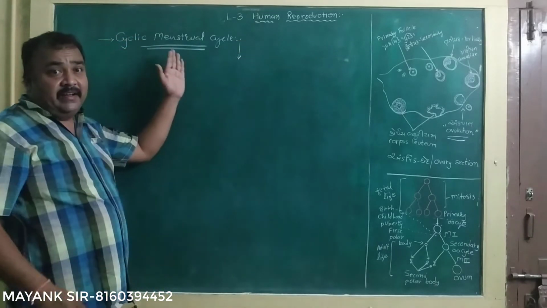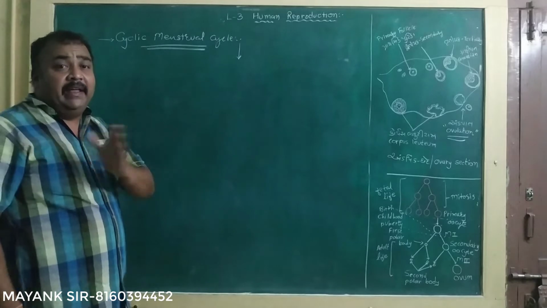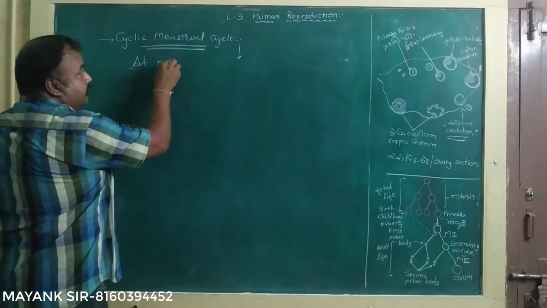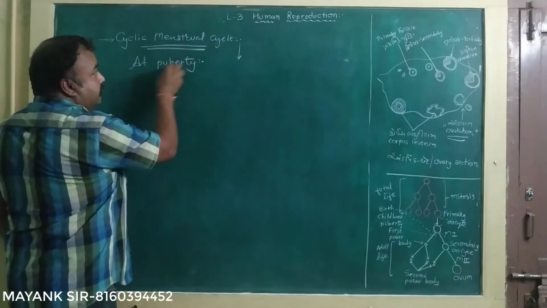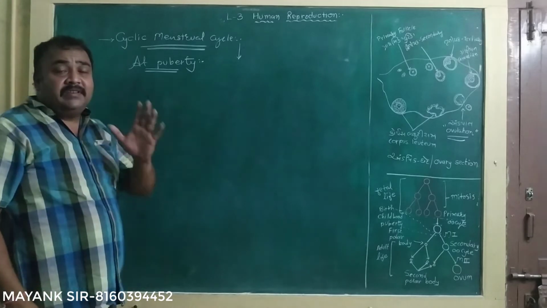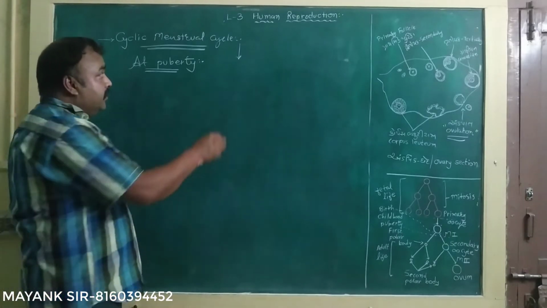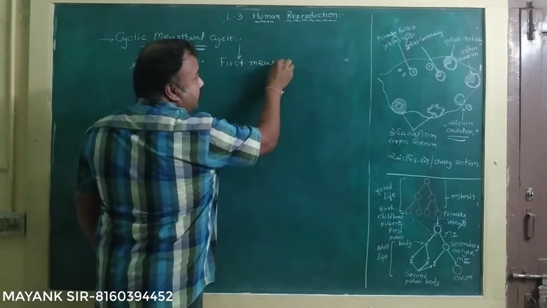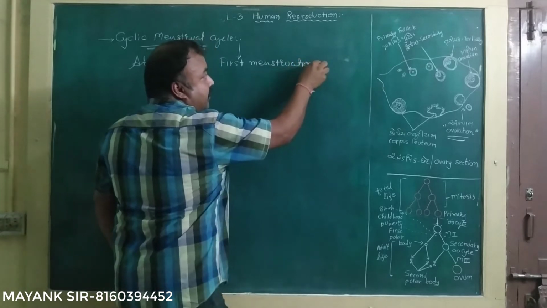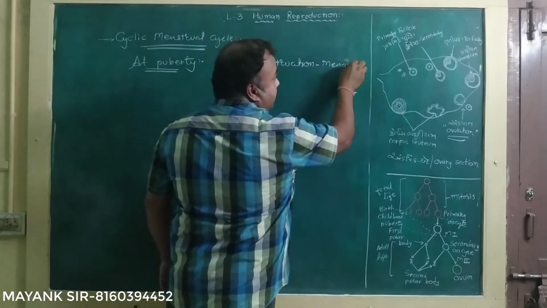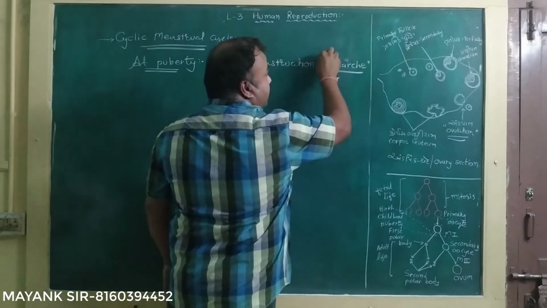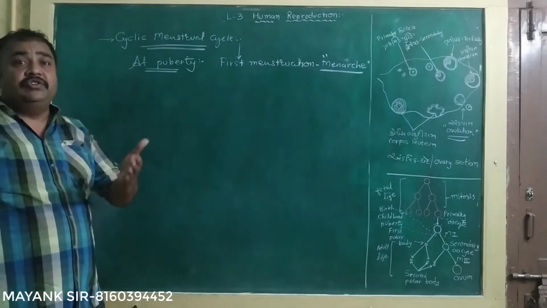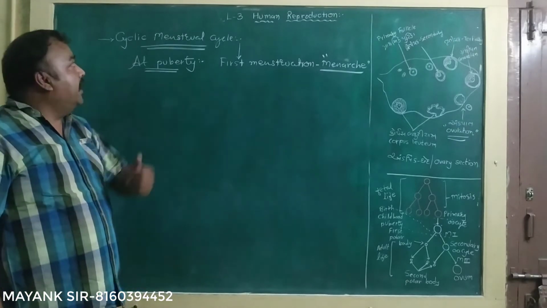The menstrual cycle or menstruation begins at puberty. And when the first menstruation is observed, it is called menarche. Menarche is nothing but the first menstruation, the initiation of menstruation, and that is known as menarche.